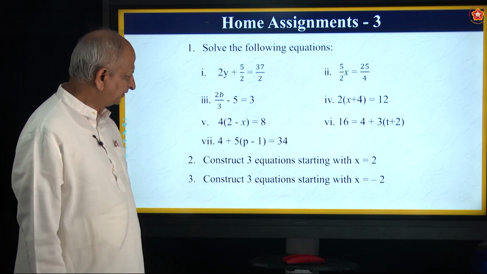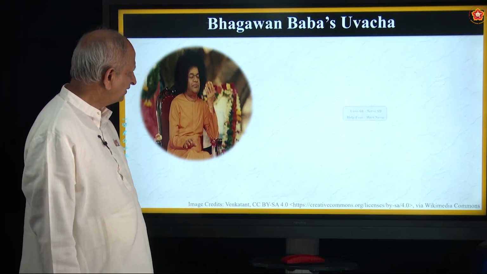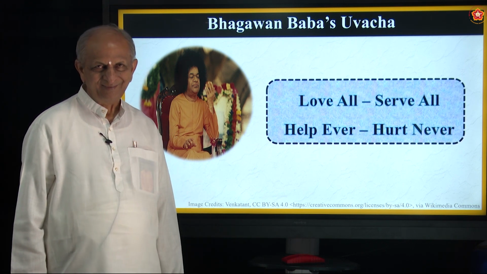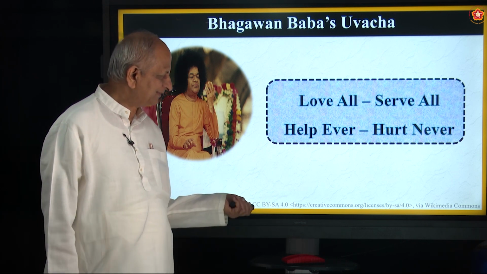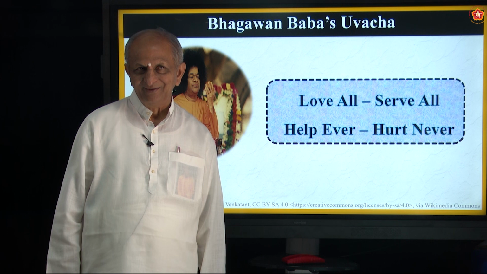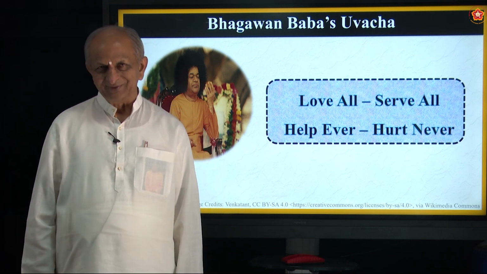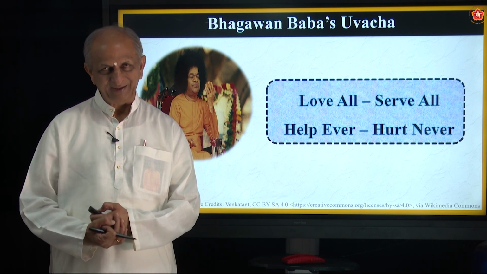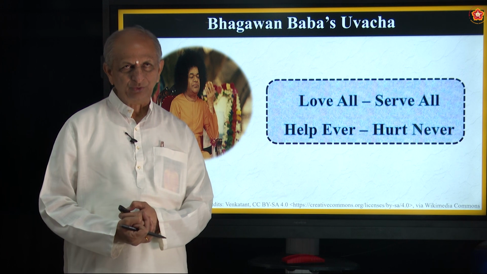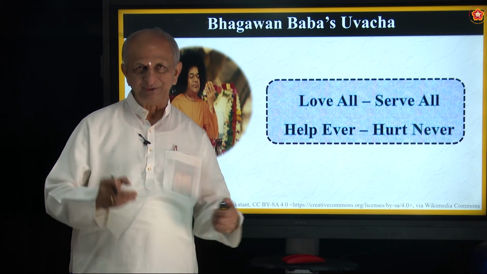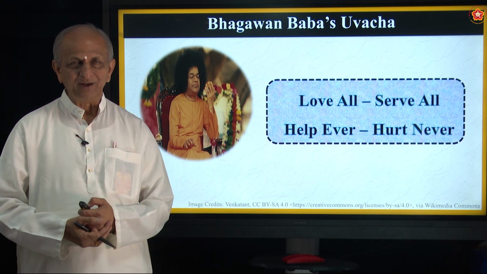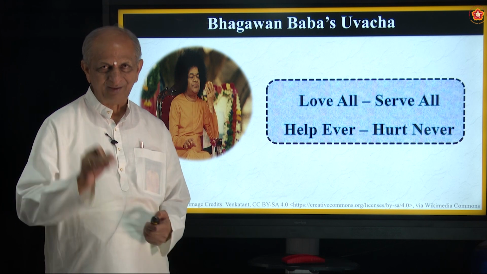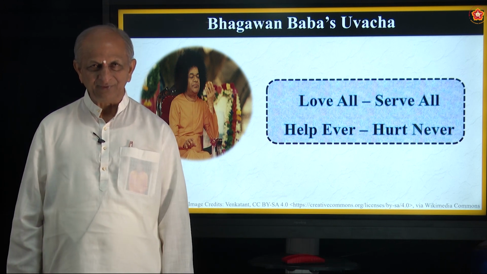Now, let us see what Bhagwan Baba says. Love all, serve all. Help ever, hurt never. Very simple, but difficult to practice, especially with those who hate us. It is difficult to love them, correct? But our life should be such that even though they make mistakes, we should not make mistakes. Love all means what? Not only human beings but animals, birds, plants, all, because God is in the hearts of everyone.